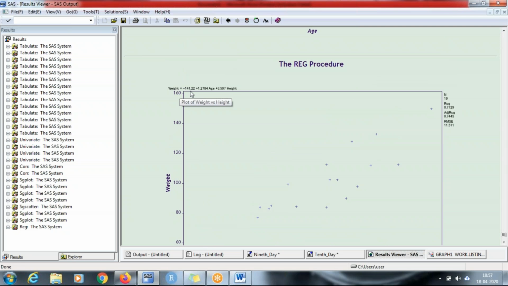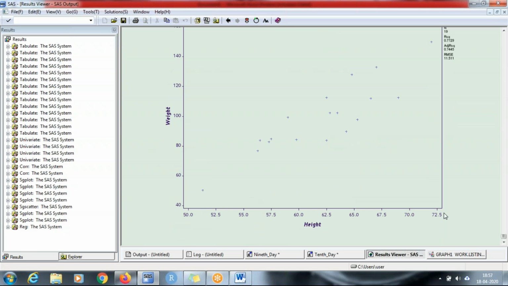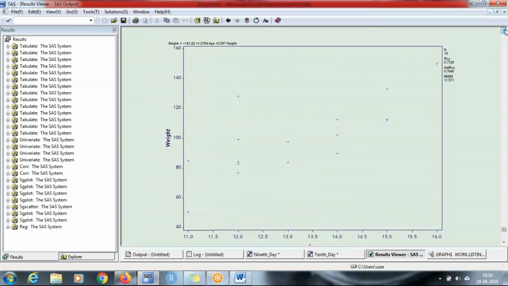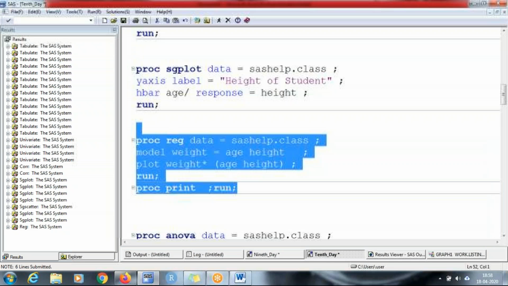Okay, weight is equal to minus 141.22 plus 1.278 into age plus 3.597 into height, right? And this is the weight and height graph. And there will be another graph, weight and age. Yeah, over here. So this is the output of the proc reg procedure.